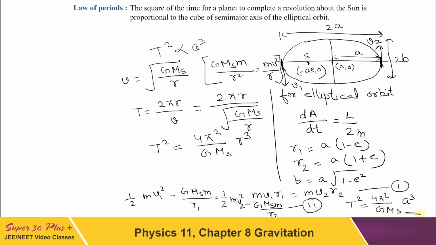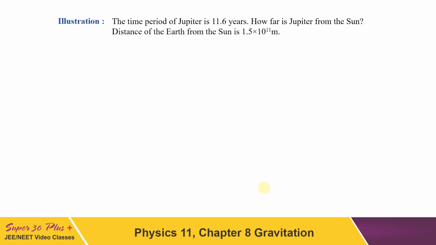So here we have derived it both for circular and the elliptical. For most of our purposes, this circular derivation itself is sufficient to solve the question, especially for JEE Mains and NEET level. Let us now see some illustrations based on these three laws.